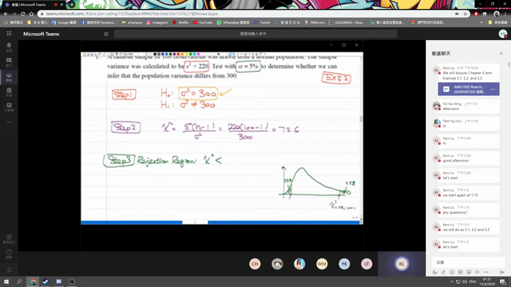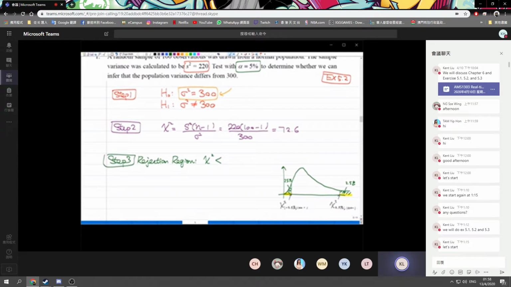For the other point, we look at the right tail area, so that means this is 1 minus 2.5%, and again degrees of freedom is 100 minus 1. So the rejection region corresponds to the yellow region. Whenever your test statistic appears in the yellow region, you reject the null hypothesis.